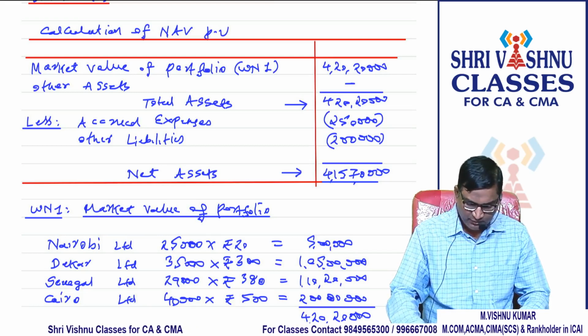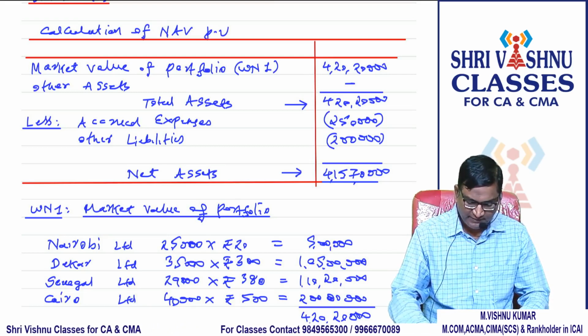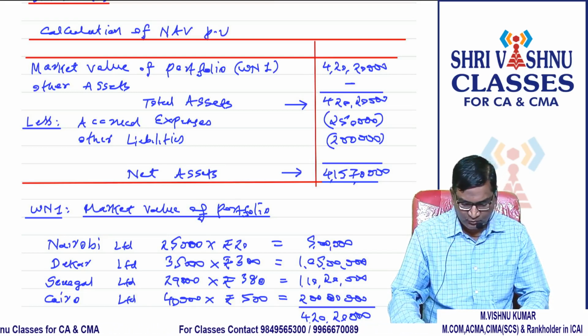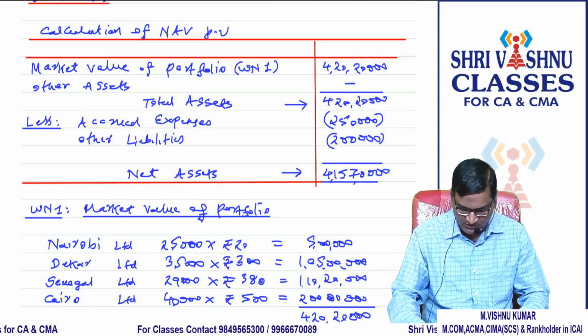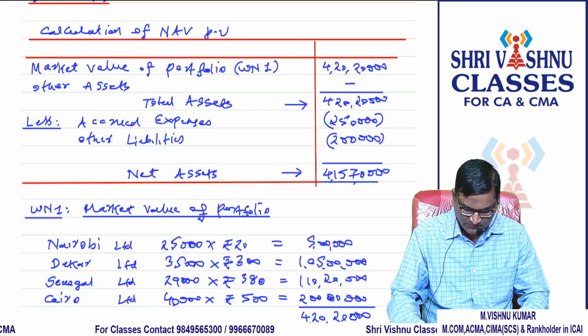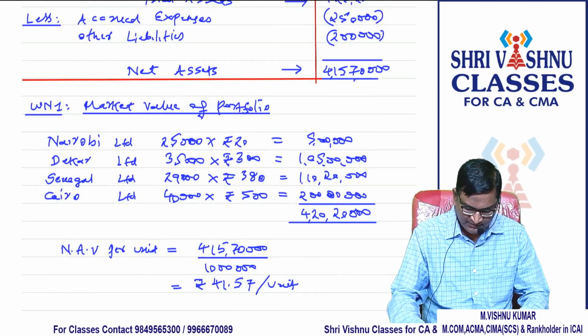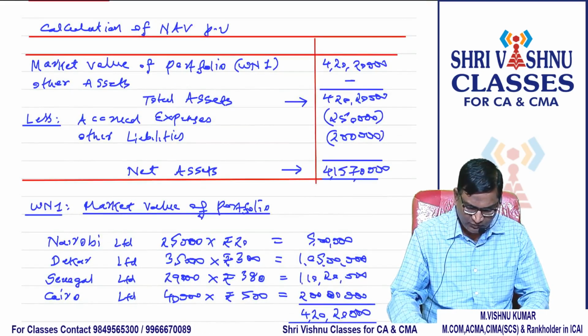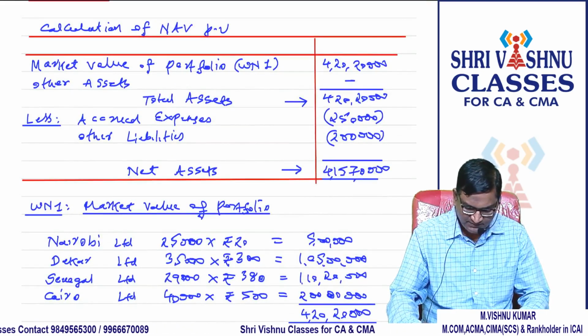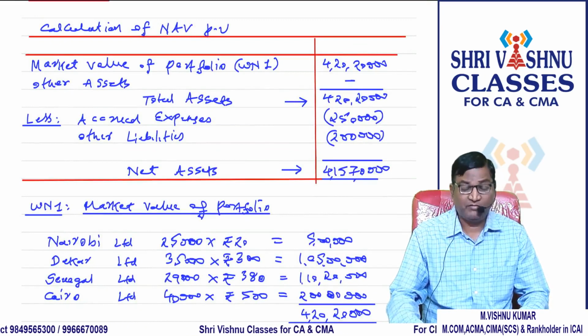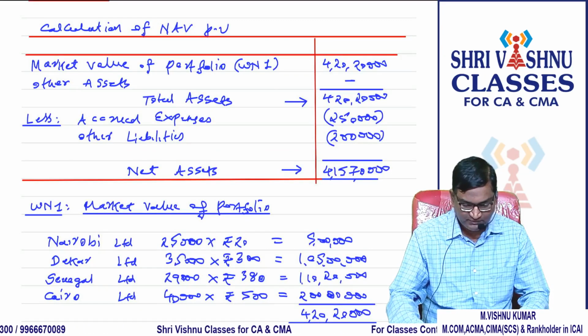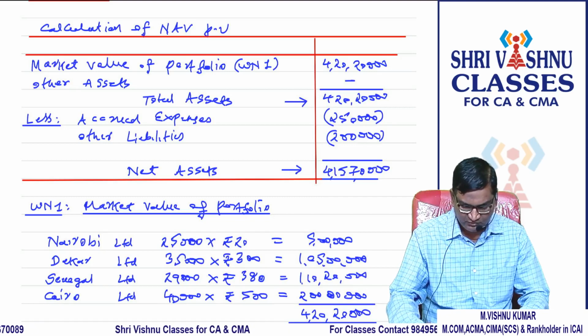So net asset value per unit is net assets divided by number of units. Net assets here is 4 crore 15 lakh 70,000. Number of units will be 10 lakhs. Market value of portfolio we have calculated in workings, and other assets are not given. Liabilities, accrued expenses and other liabilities, 4 lakh 50,000.